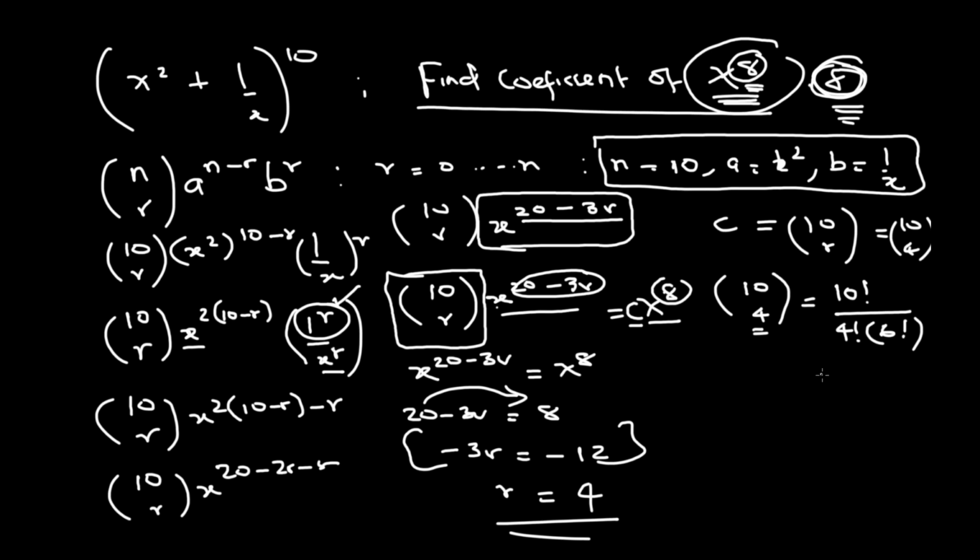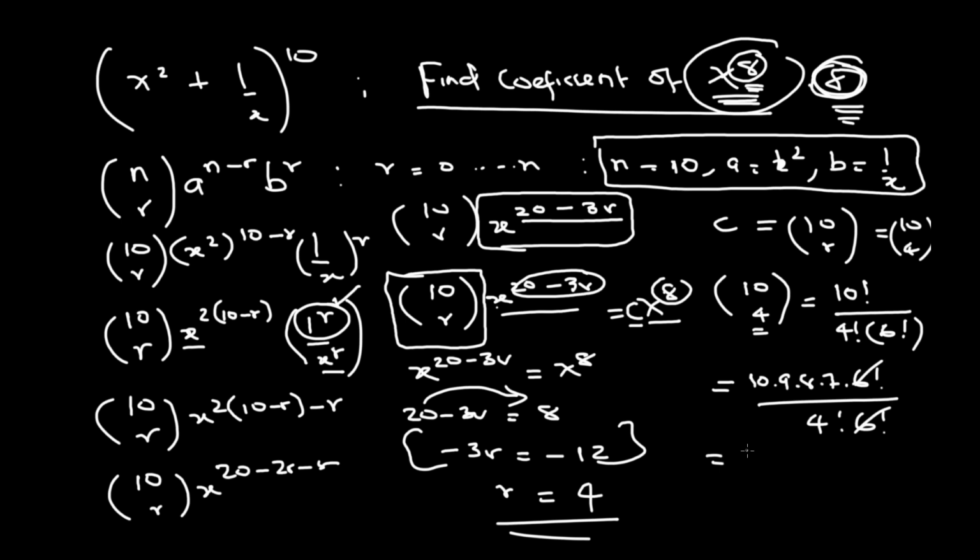So what else can we do here? What else we can do here is we can say this is 10 times 9 times 8 times 7, then 6 factorial. We are targeting this 6 factorial. So we can have 6 factorial here and 4 factorial. So these take care of each other.